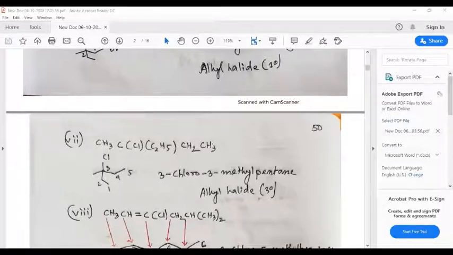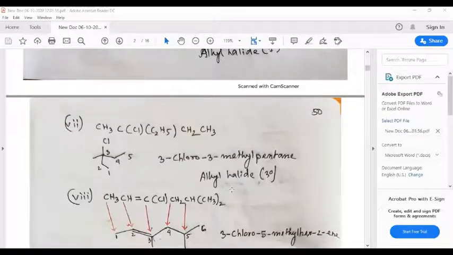Then CH2, CH3. The longest chain is 1, 2, 3, 4, 5. At 3 position there is one chloro group and one methyl group. So the IUPAC name will be 3-chloro-3-methylpentane. It is an alkyl halide and a 3-degree alkyl halide.